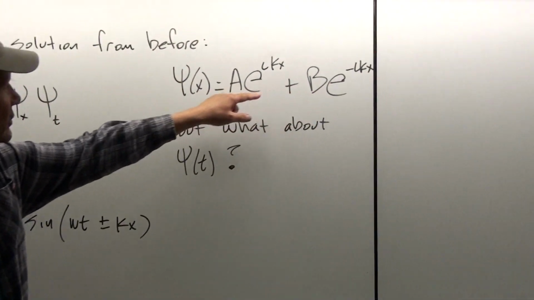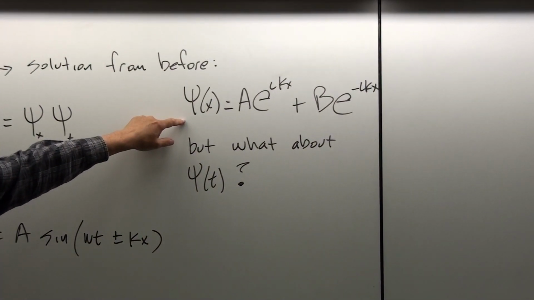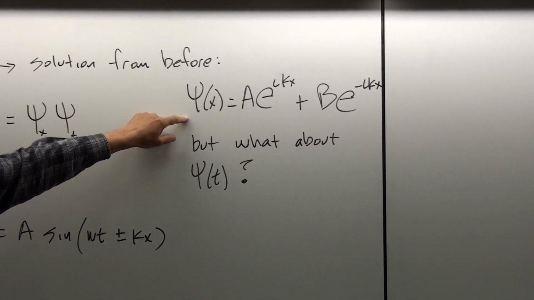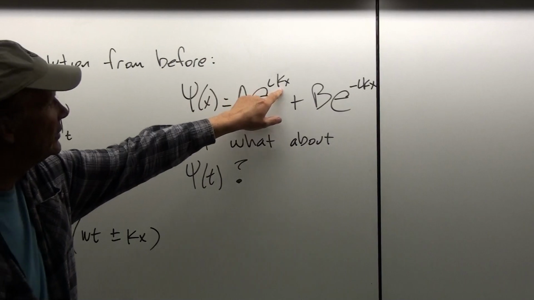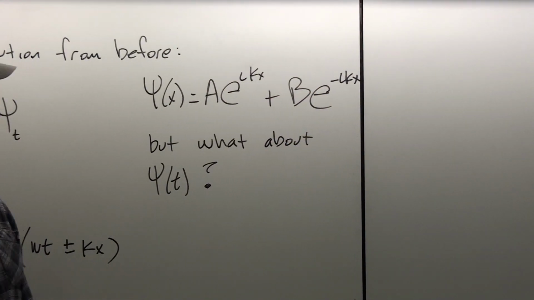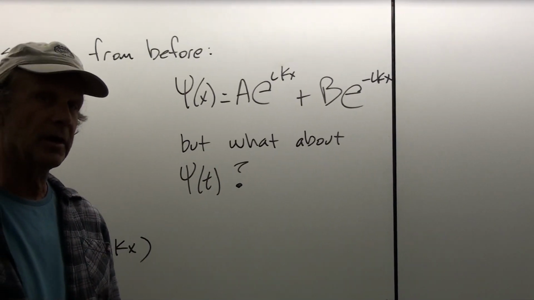But we looked at solutions that look more like this, which were solutions to what we call the time-independent Schrodinger equation. And we see here the k value, but it doesn't look so much like a traveling wave because we don't have the time part in there.